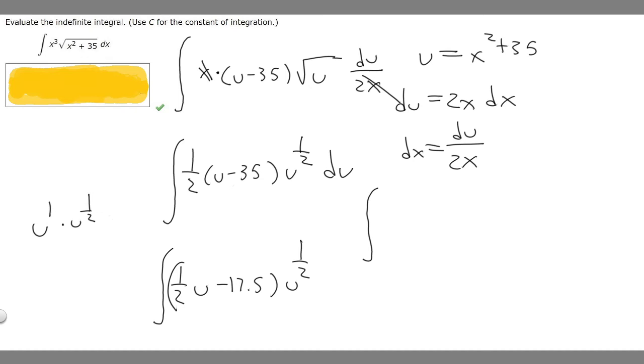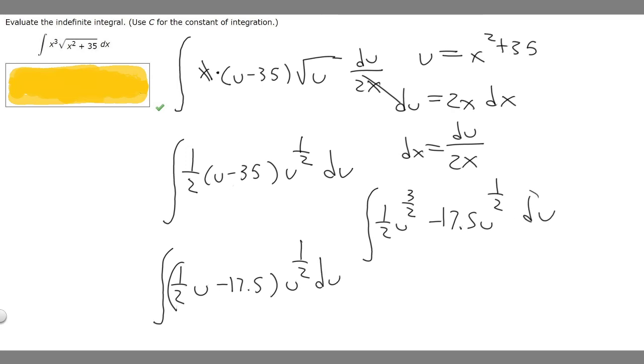So this will become u to the 3 over 2. So we have 1/2 times u to the 3 over 2. Now we have to multiply minus 17.5 times u to the 1/2, which is just minus 17.5 times u to the 1/2. And then we have our du.